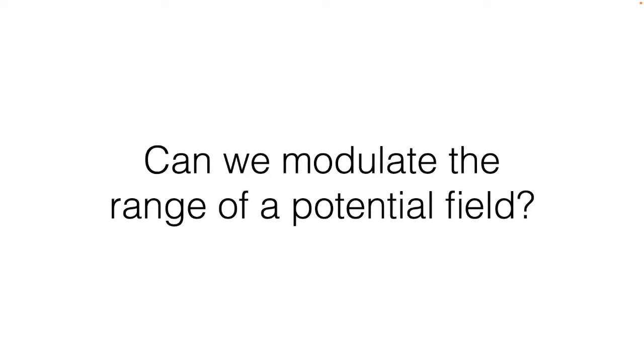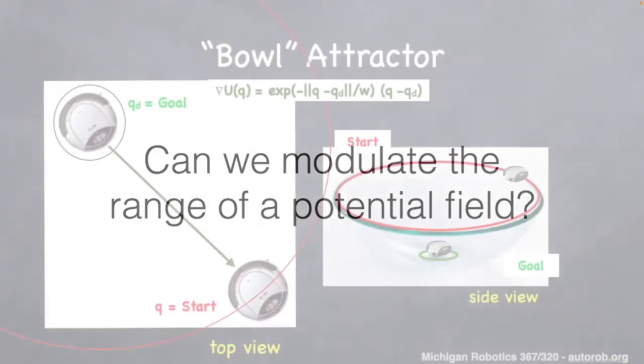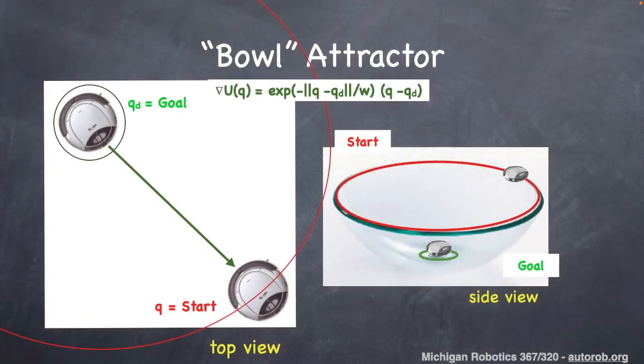So given that we've now defined this relatively simple cone attractor, the next thing we might want to ask is whether or not we could modulate the range of a potential field. And it turns out that we can. In particular, we can incorporate alternative functions outside of just that definition of a conical gradient to control how our robot would be attracted to the goal position.